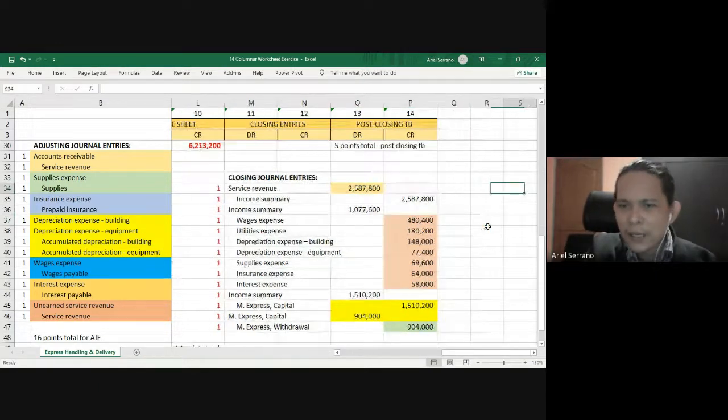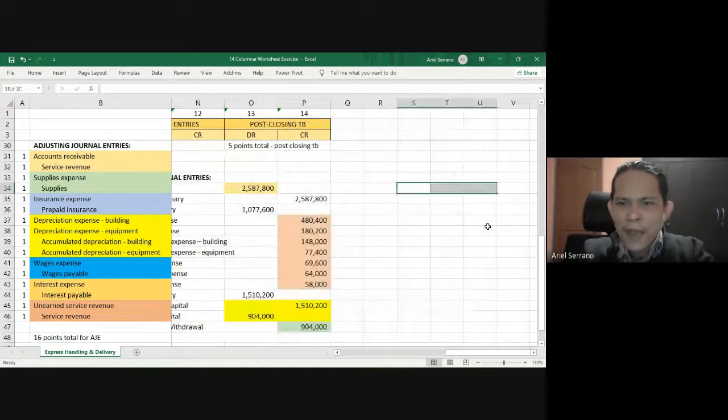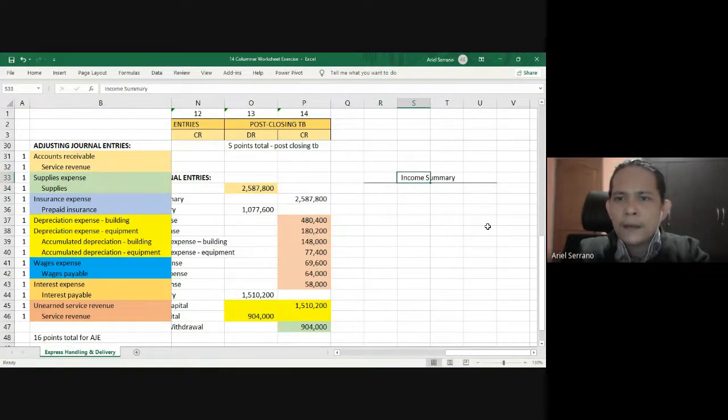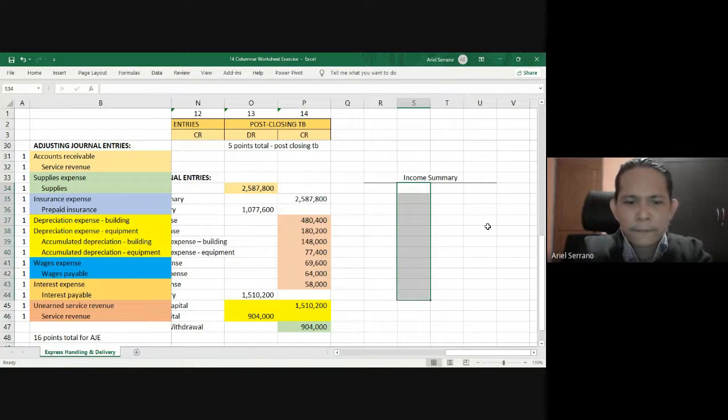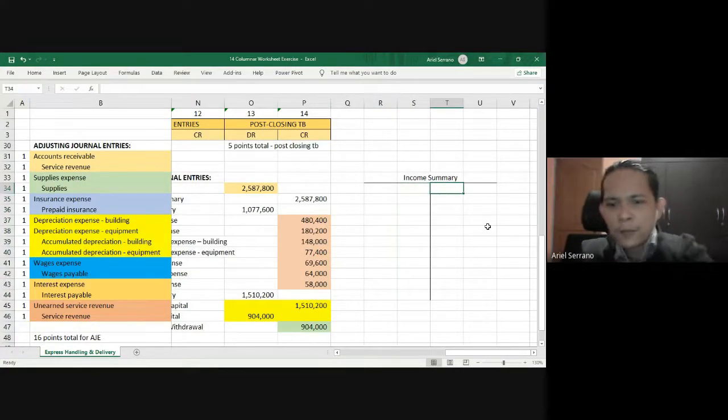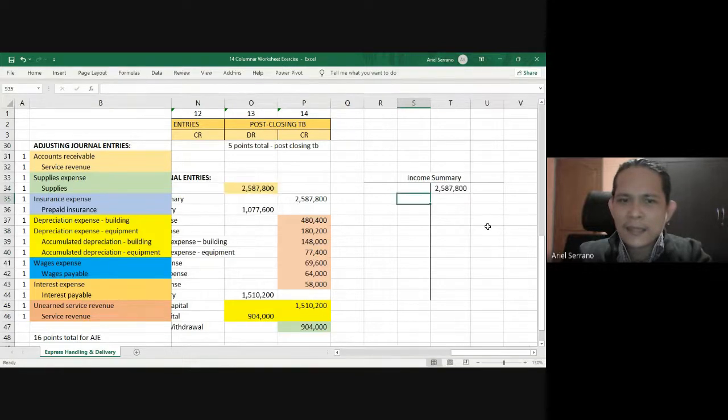Okay, let me just share it with you. If I have to prepare a T account for income summary, this is my income summary account. I will have to place the credit and then I will have to capture these debits here.